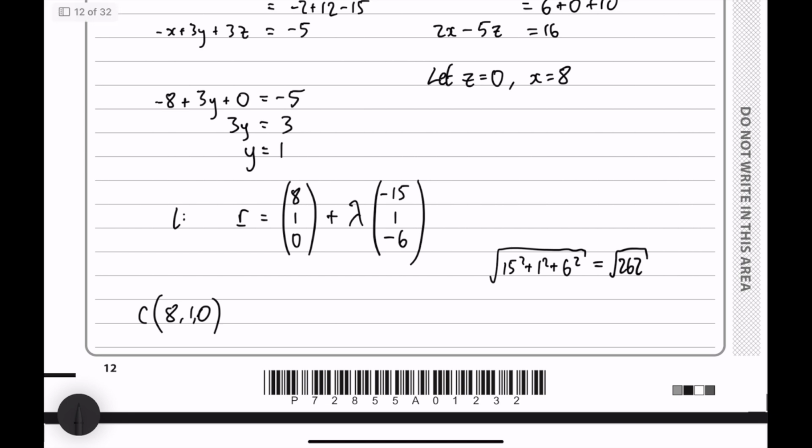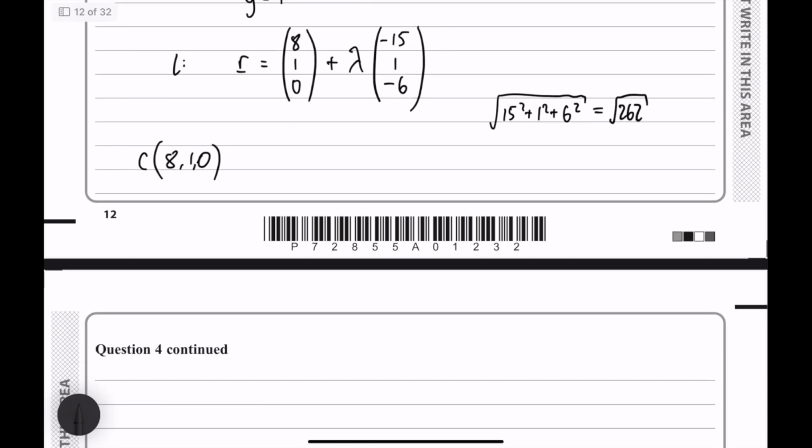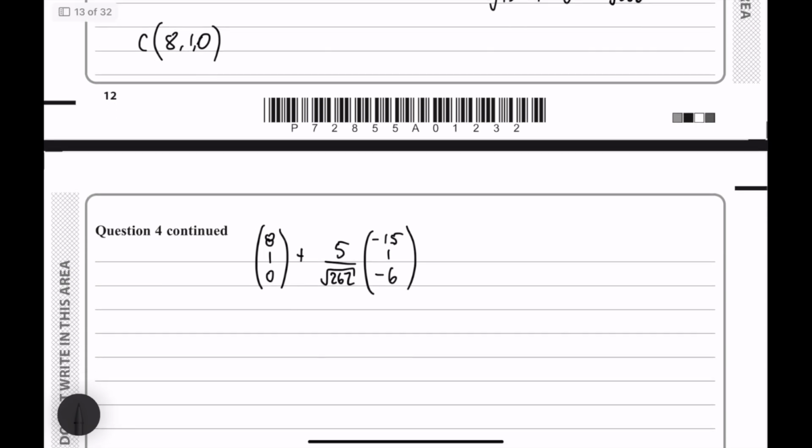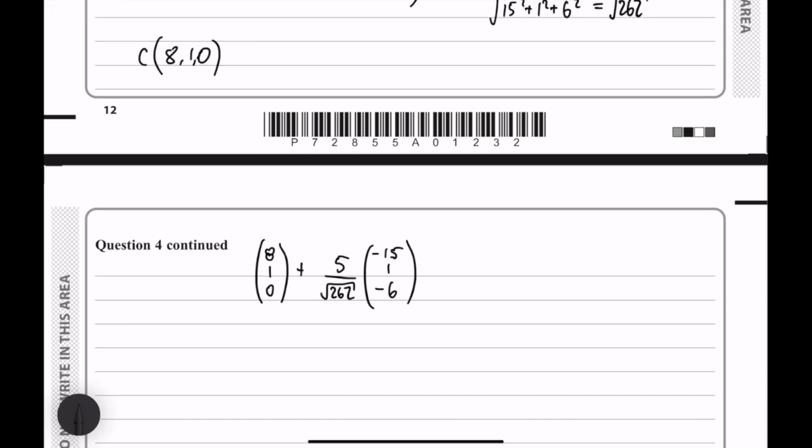But what that means is we're going to want 5 over root 262, times minus 15, 1, minus 6, added on to point C, and that will give us the position vector of point D, which is really, really horrible.